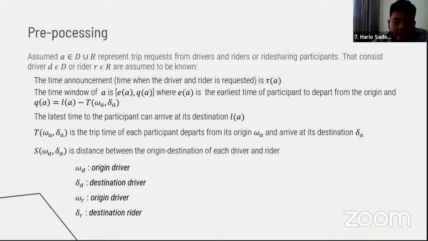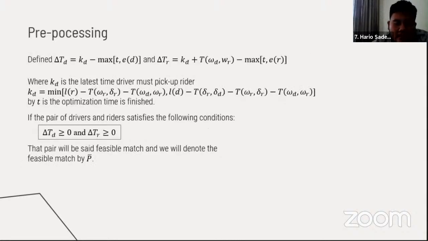The time window of A is [e_A, l_A], where l_A is the latest time the participant can arrive at its destination. And define delta T_D and delta T_R as follows.